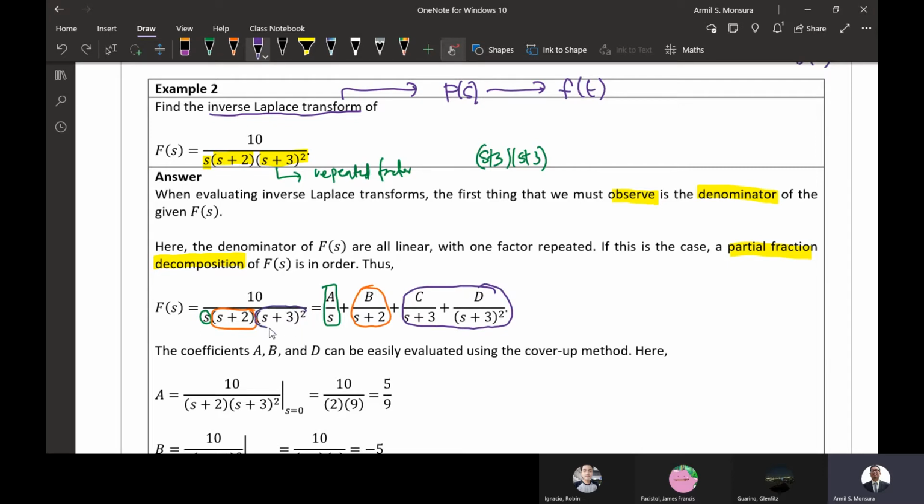So, again, pansinin niyo yung pagkaka-setup. Pansinin mabuti yung pagkaka-setup ng dalawang terms na yun.